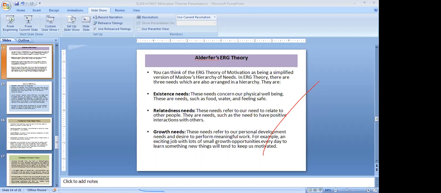For instance, having good relationships and interactions with other humans is a need we all share, although clearly this need isn't as strong as our basic survival needs. So to feel happy and content, most humans need to interact with others and for those interactions to be positive in nature.